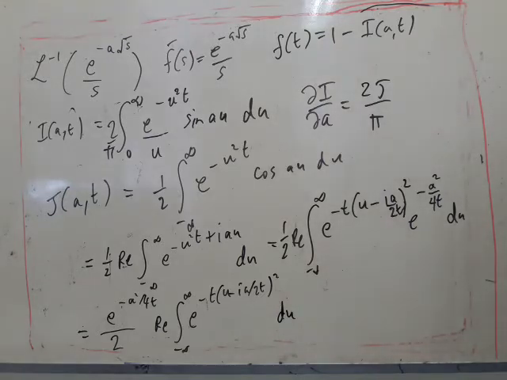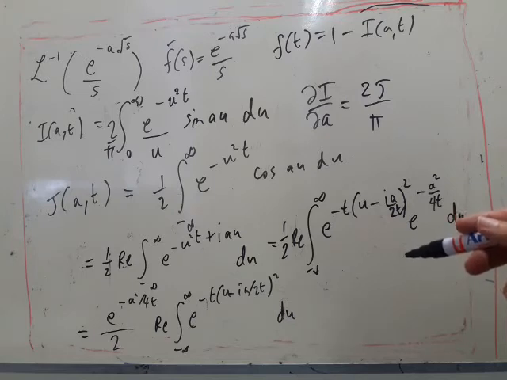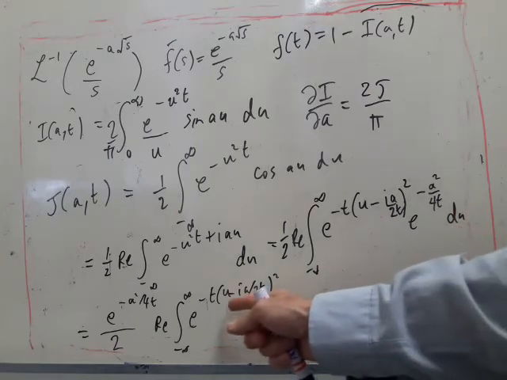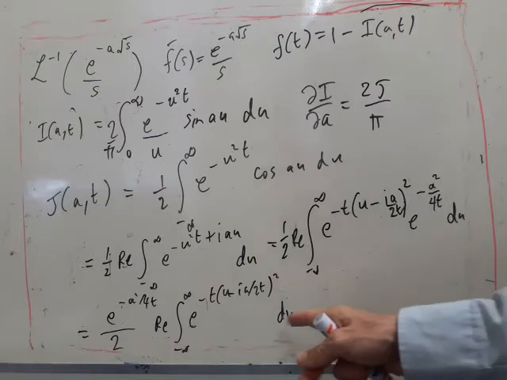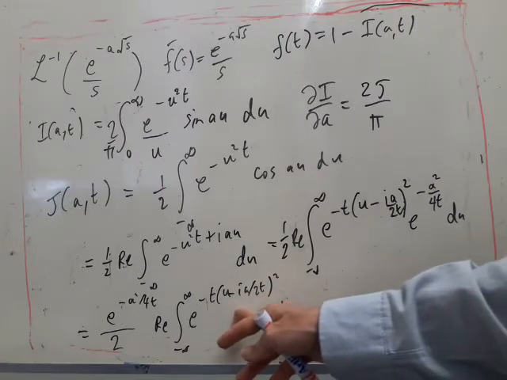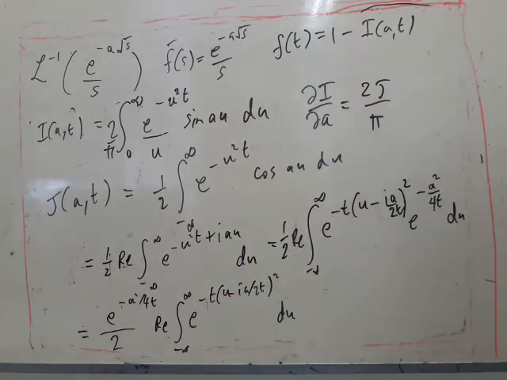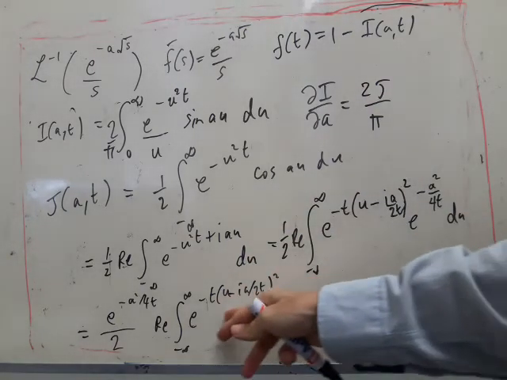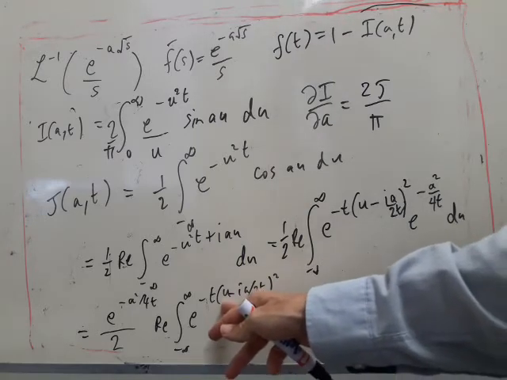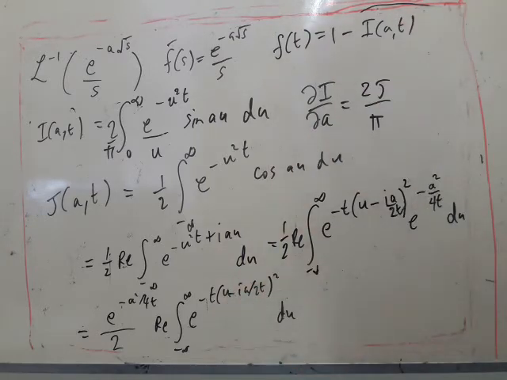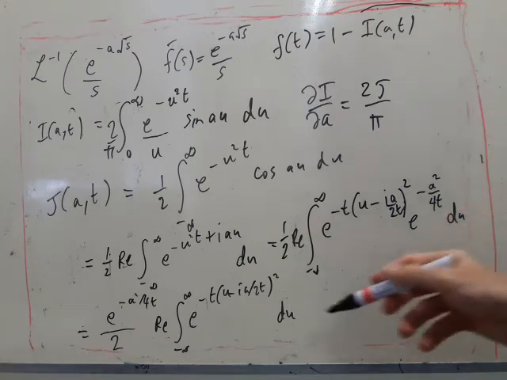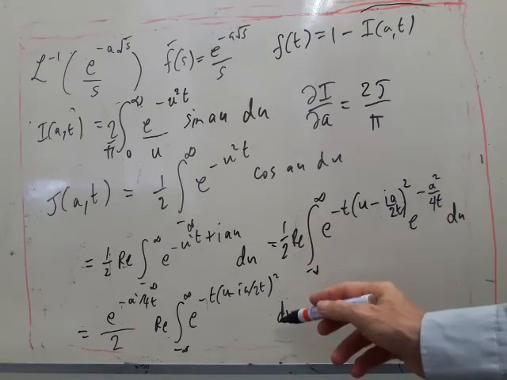And then I can do a change of variable. To keep this short, it's possible to show carefully that this is still, with the u minus i times a real constant, it's possible to show that this gives the same answer as if you didn't have this here, actually using complex variables. We might skip that and leave that till the end.